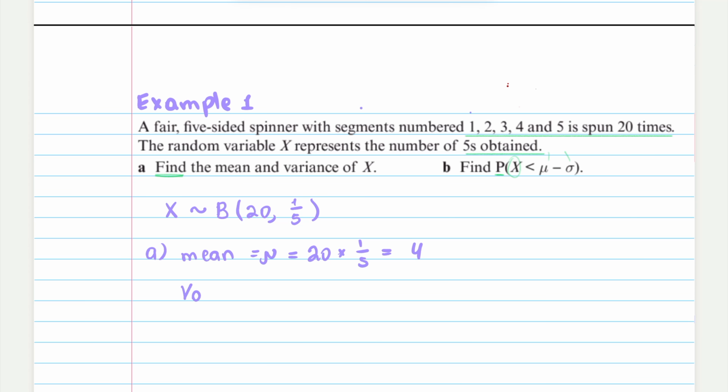And the variance of X, written in a different form, is np multiplied by 1 minus p, where n is 20 and p is 1 over 5, multiplied by 1 minus 1 over 5. So it's going to be 4 multiplied by 4 over 5, which is 16 over 5.